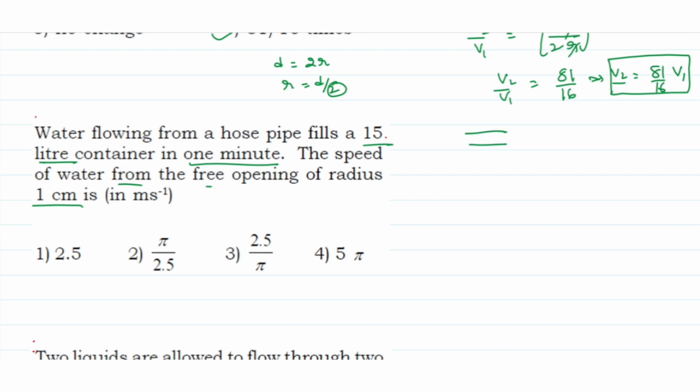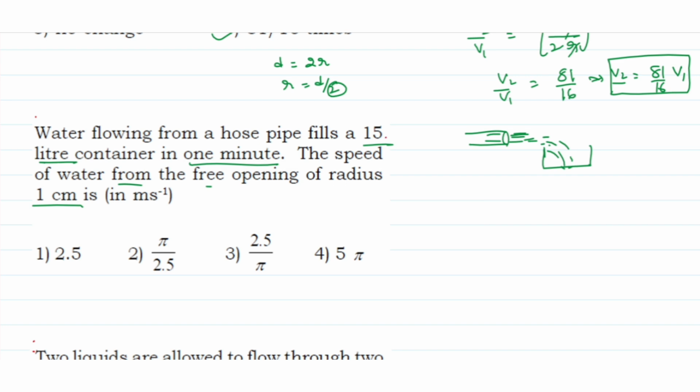This is the hose pipe, and here it is filling the water. This is a container you are filling. Suppose the radius is 1 centimeter, then they are asking for the speed.